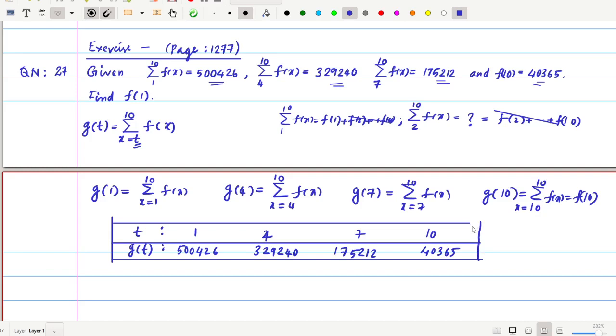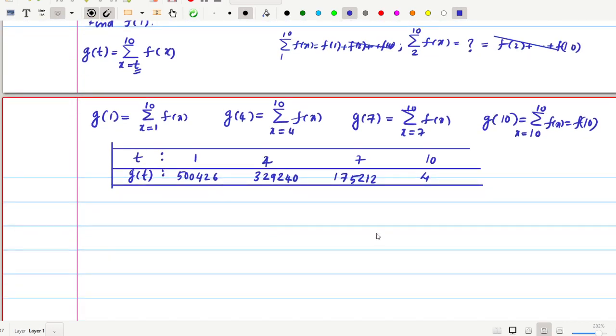We need to use the interpolation formula for this g to interpolate the value at 2, so we need to find g of 2. In order to evaluate g of 2, we first write the interpolation formula for g of x. How will you find g of x using the Lagrange interpolation formula?